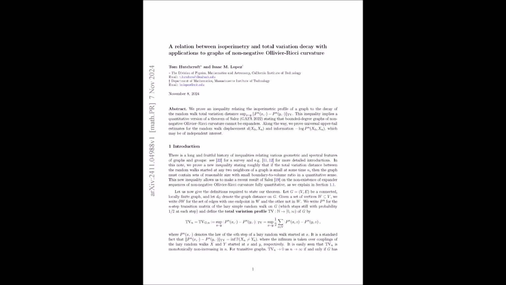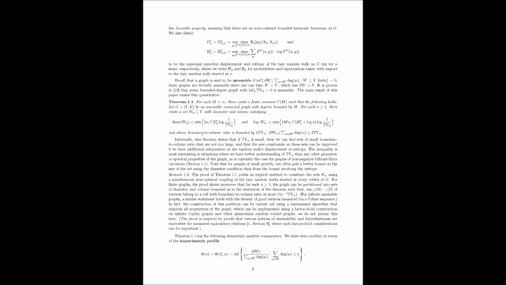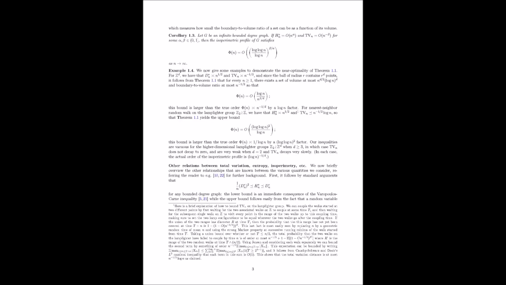So it was saying that these graphs can't be expanders, meaning they can't have a large Cheeger constant, which is a measure of how well connected the graph is. Their result was more about the overall expansiveness of the graph, whereas Corollary 1.5 gives us a much more fine-grained picture of the isoperimetry across all these different scales.